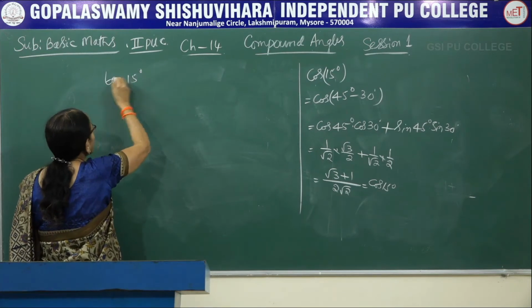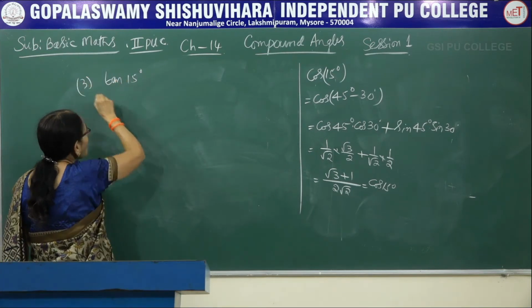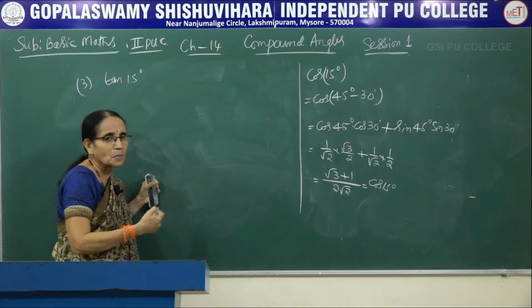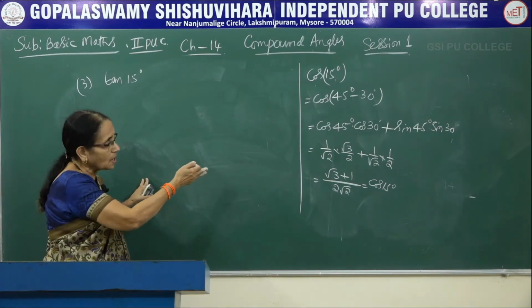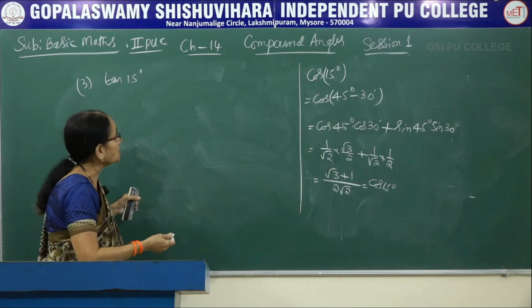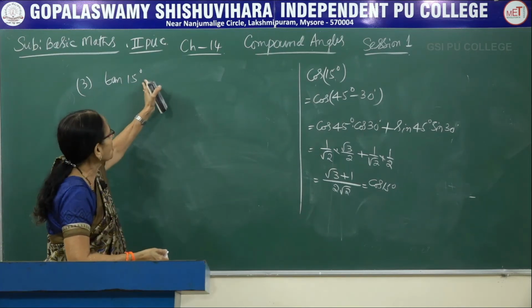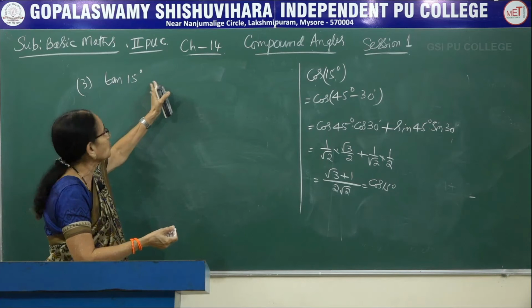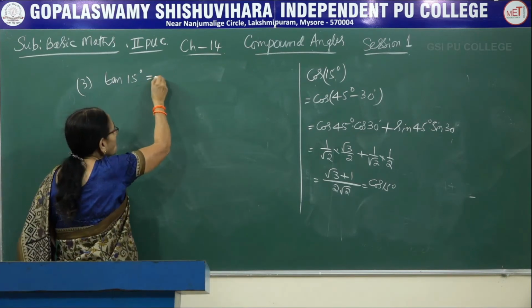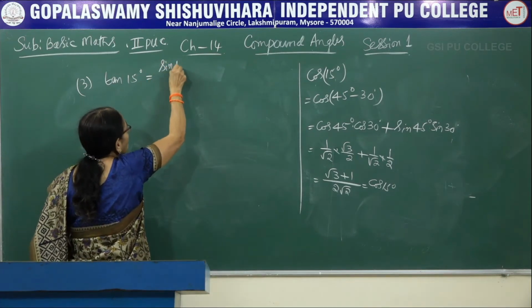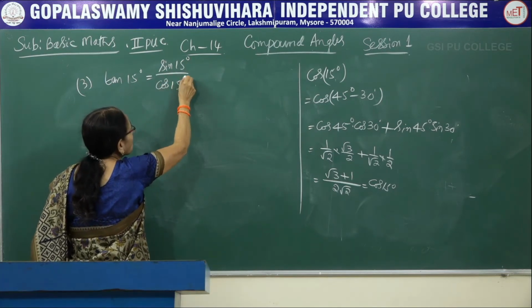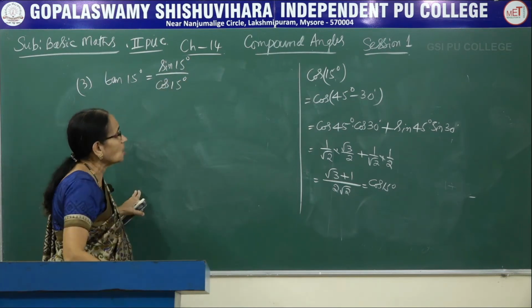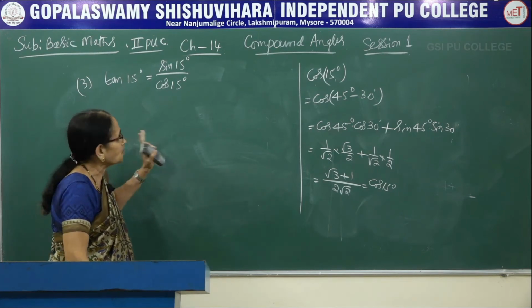Tan of 15 degrees. I told you already, you can express it as sin theta by cos theta, and you can get the value because we have already derived those values. Or else, as usual, you can write it as a difference of the two angles, 45 minus 30. Both are correct here. You can write it as sin 15 divided by cos 15 degrees, because both of them have already been derived and both of them are standard values.